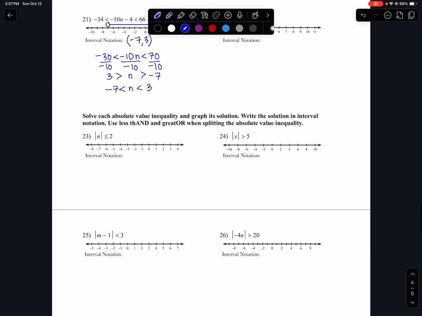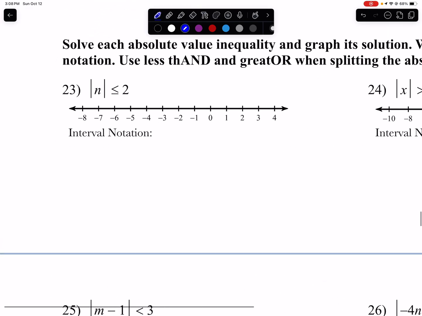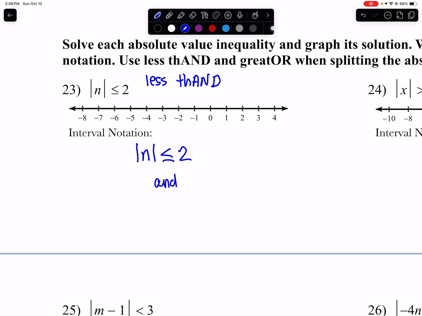All right, so the last part of the video is on absolute value inequalities, which is the most recent thing that we learned a lot about last class. But let me give you the lowdown on how you would do these. So if you have a less than sign, you use the little phrase "less than and" when you split, okay?